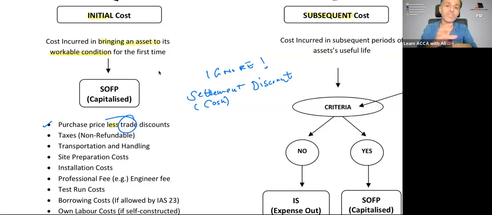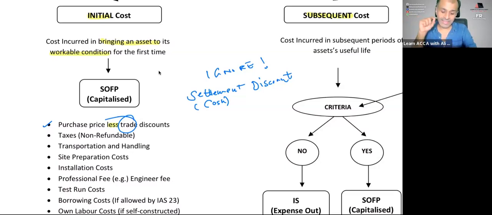Even if the question says that the settlement discount has been availed, you still will not consider it, because it was availed a month or two later. On the date of purchase of the plant, that discount was never confirmed. Later it was availed.